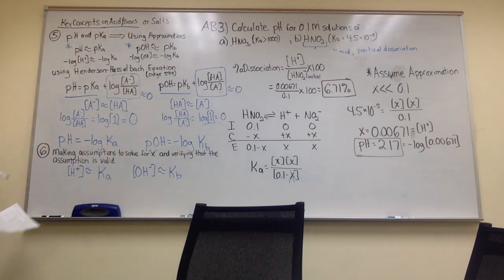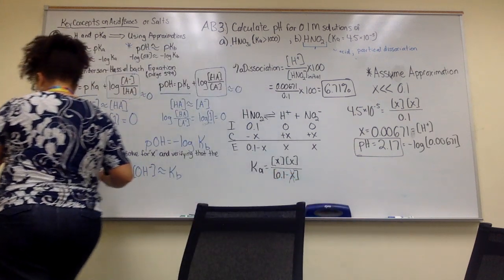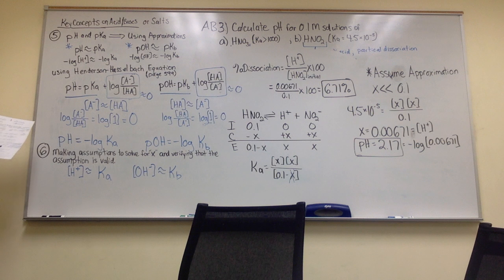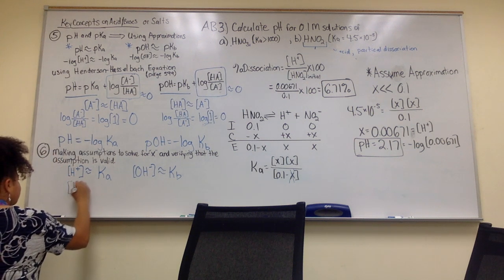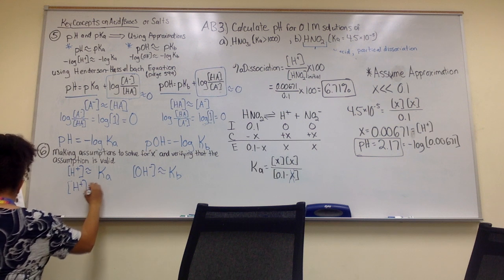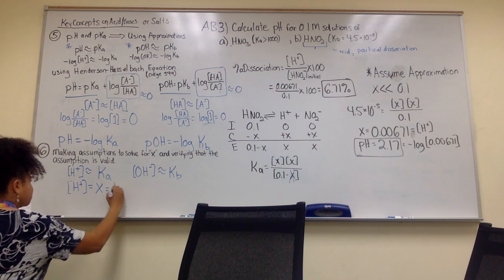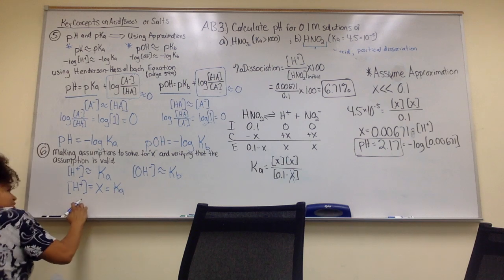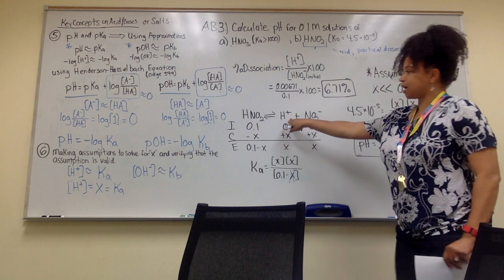Okay, so now if we say that this is true, then we are saying that H plus is equal to x, which is equal to the Ka. Because remember over here in the ice table, x is equal to H plus.